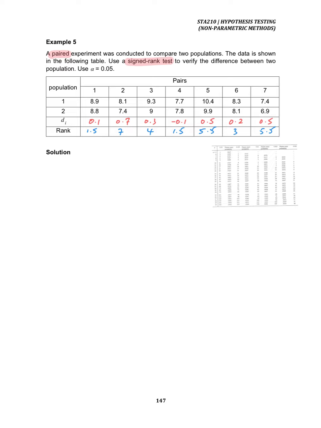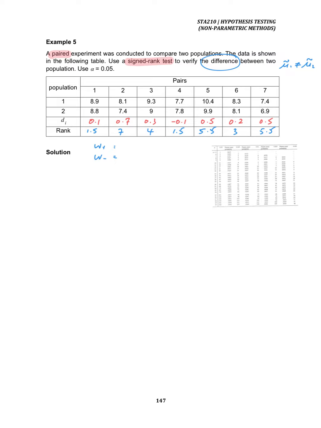Now we have to calculate W plus and also W minus, because this one dia tak kata greater or less than, kita punya alternatif nanti. The hint kat sini dia kata difference, so nanti dia akan jadi median population 1 not equal median population 2. So kita kena cari W plus and W minus, because kita akan gunakan our test statistic the smallest value between W plus and W minus.